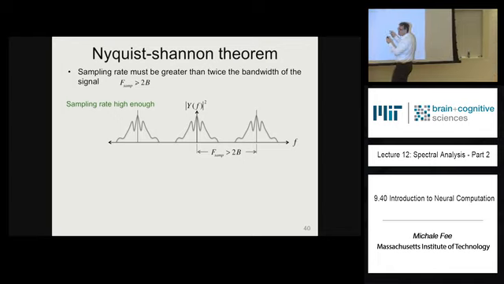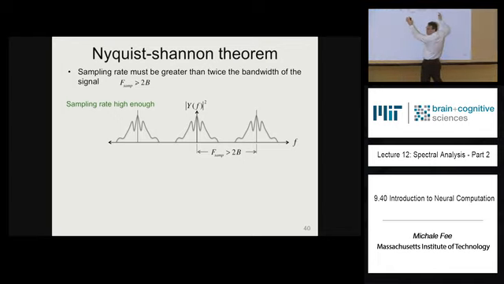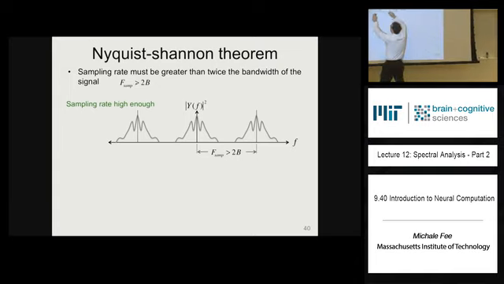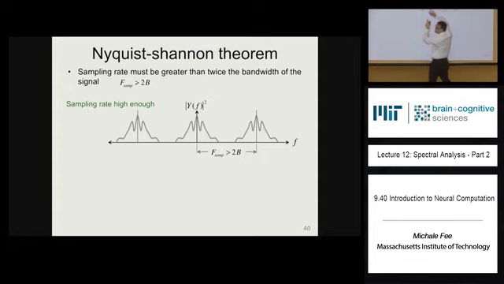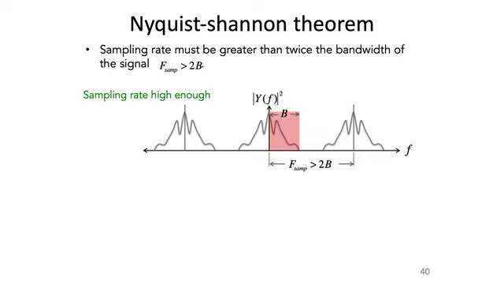The higher the sampling rate is, the further apart these spectra are. Delta t is very small, which means 1 over delta t is very big. The sampling rate needs to be greater than twice the bandwidth of the signal. That's bandwidth B. Okay?